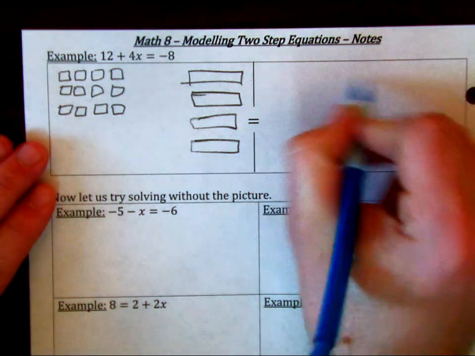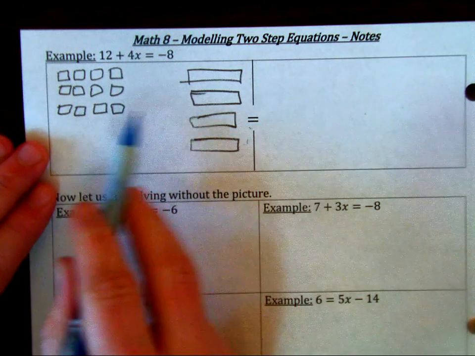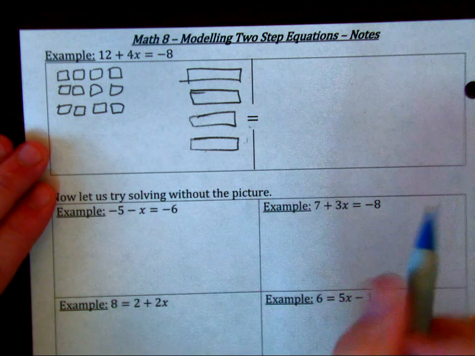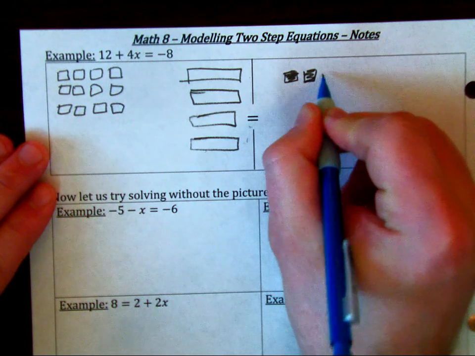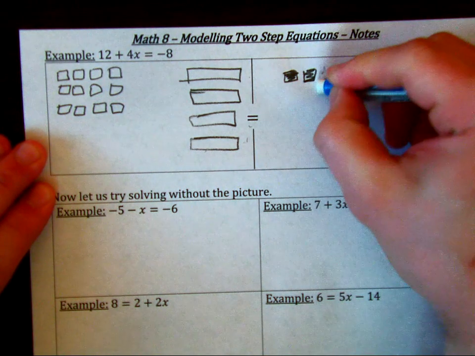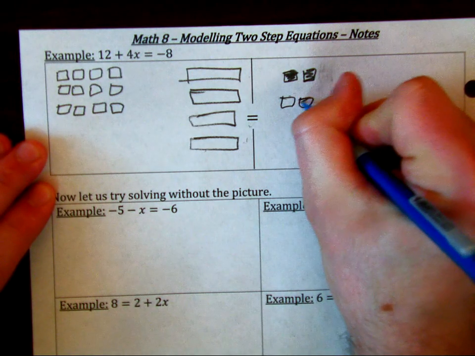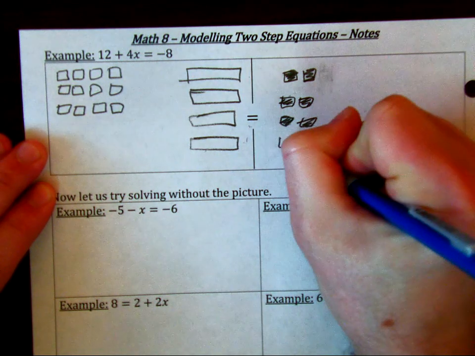So on the left side of my equal sign is the expression positive 12 plus 4x. On the right side of my equal sign, I have 8 negatives.